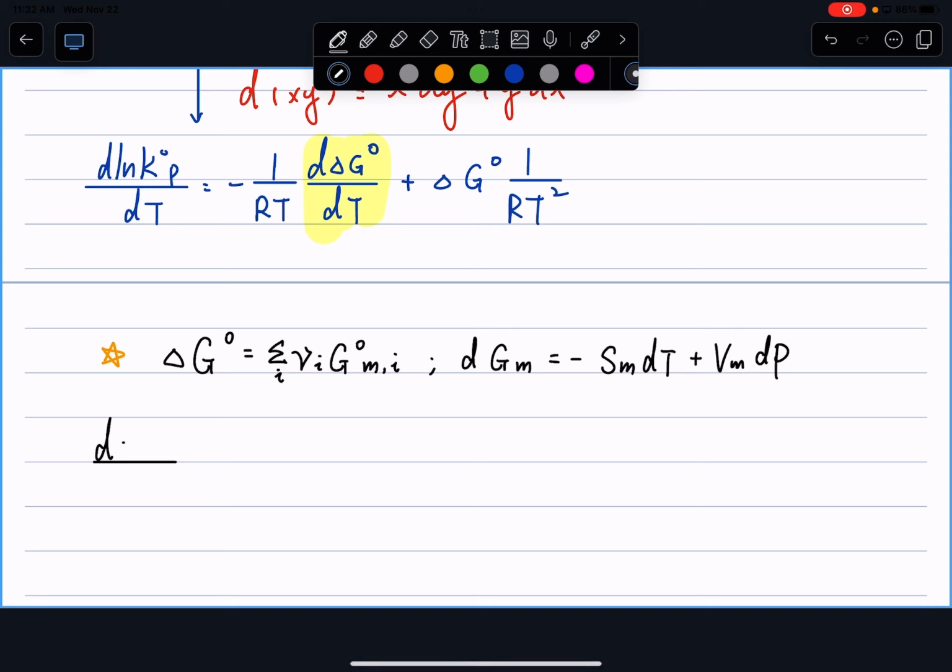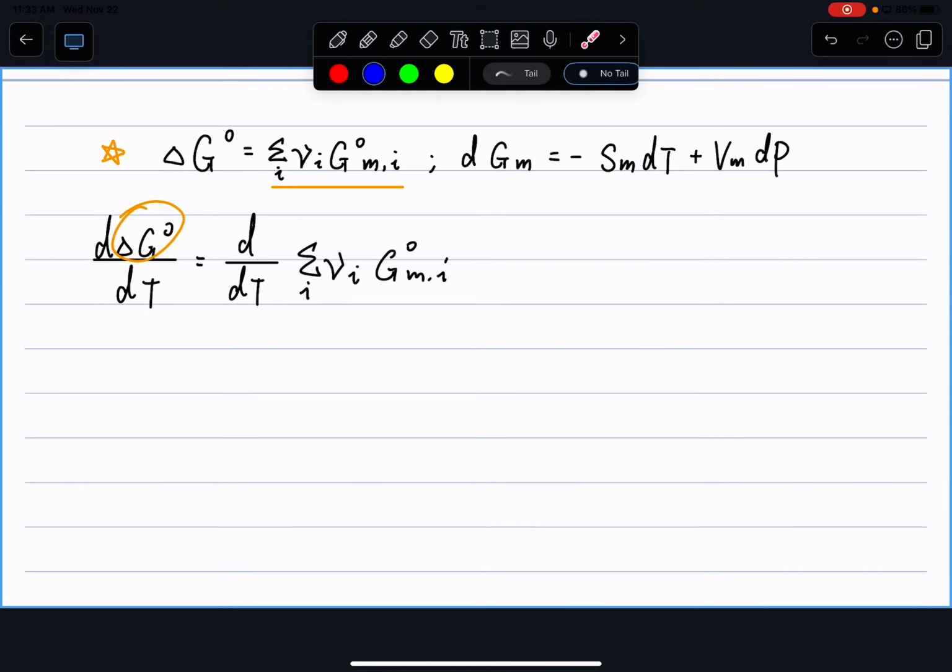We're trying to find an expression for dG naught over dT, which equals d over dT, plugging in this delta G here. That's just a summation of your stoichiometric coefficient times the standard molar Gibbs free energy.